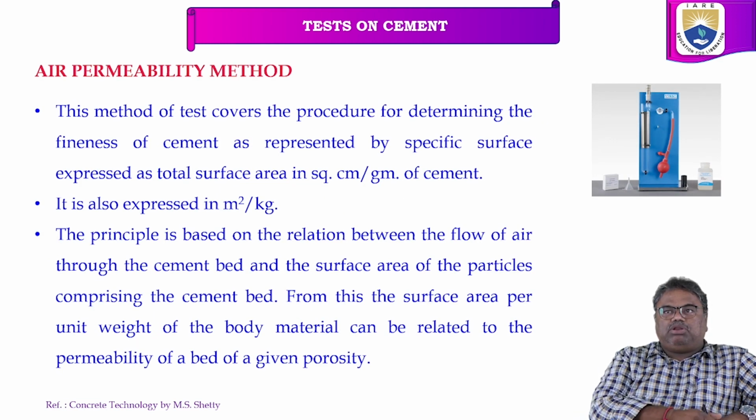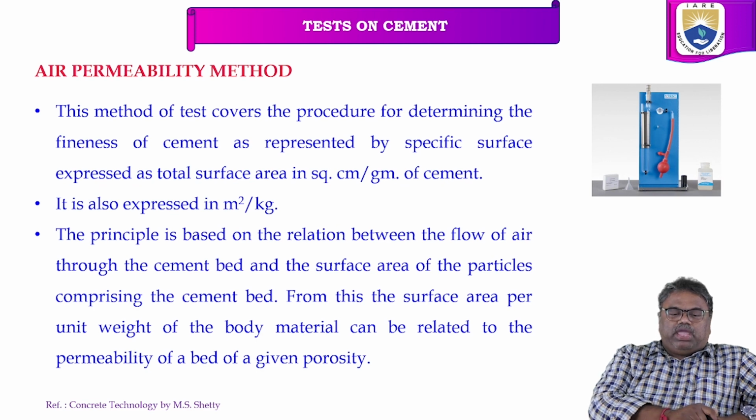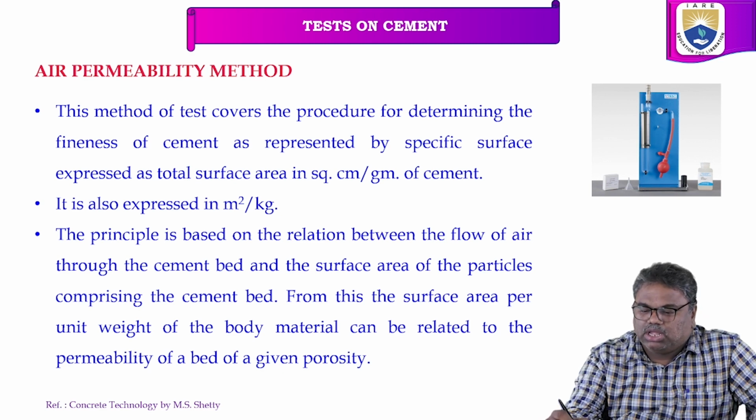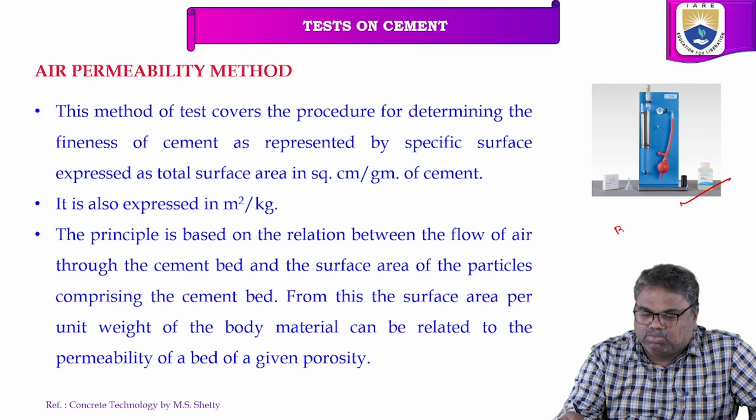The next one is the air permeability test. The air permeability method finds the specific surface area of the cement particles. For this we can use Blaine's air permeability apparatus.